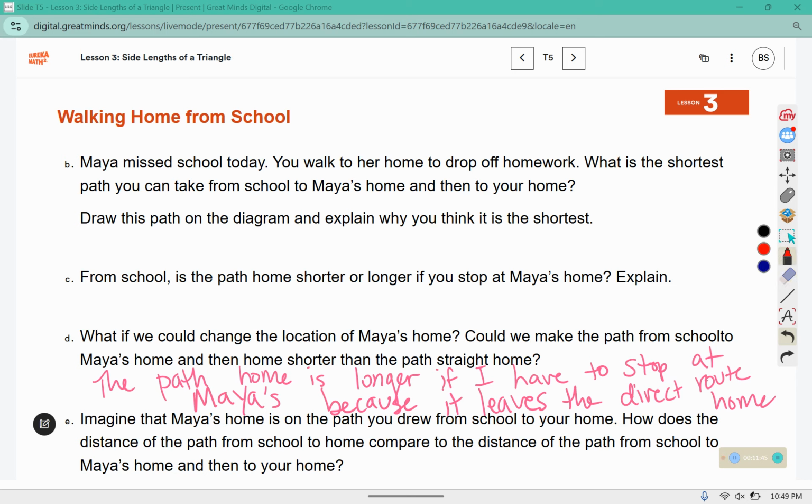Well, no. Even if Maya's house was on the path, it would still be that same distance home. We wouldn't be able to make it shorter by making a stop at Maya's house. So the answer to the second question would be no.